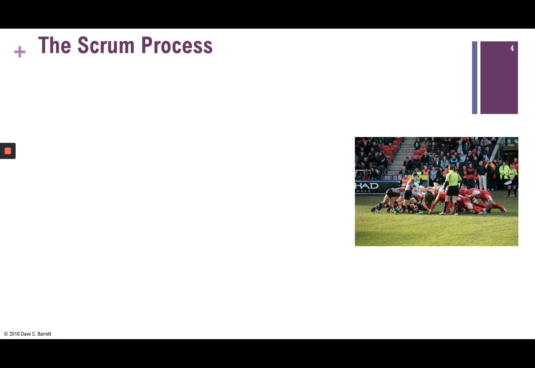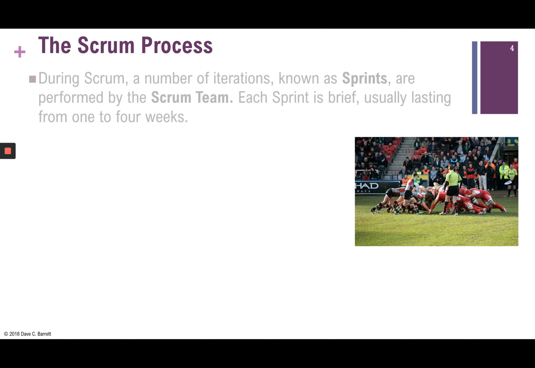And the word Scrum comes from, as you can see in this picture on the right, an aspect of rugby where everyone is together and kind of pushing and working with each other. And so the metaphor of Scrum was used by the originators of this framework.